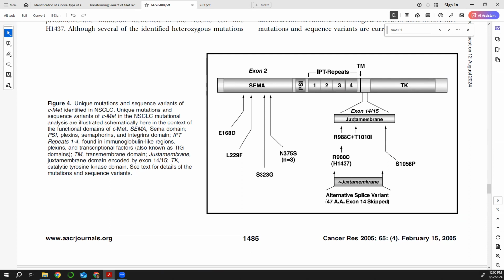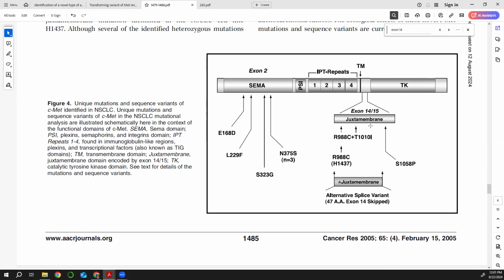Of course, the juxtamembrane domain is lost or mutated by various mechanisms, and it has been known that this region regulates receptor internalization and subsequent degradation by the proteasome or the lysosome.